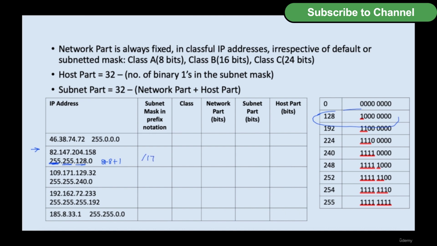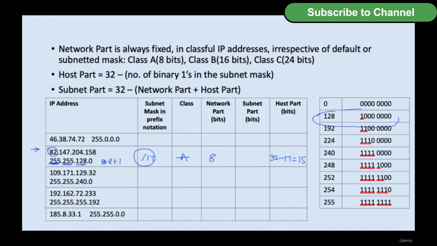Since first octet has value 82, it's a class A IP address, therefore the network bits are 8, and then the host part is 32 minus number of binary ones in the subnet mask. So number of binary ones in the subnet mask is 17. When I perform the subtraction, I'll get the value 15.